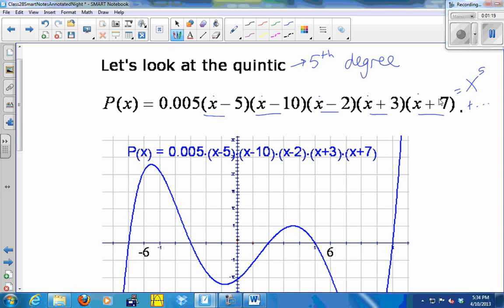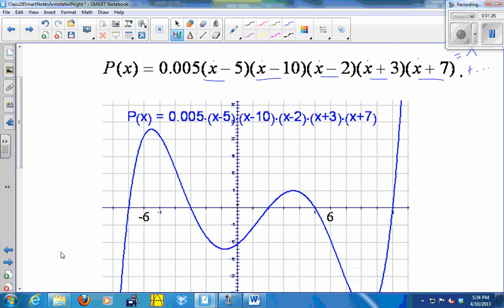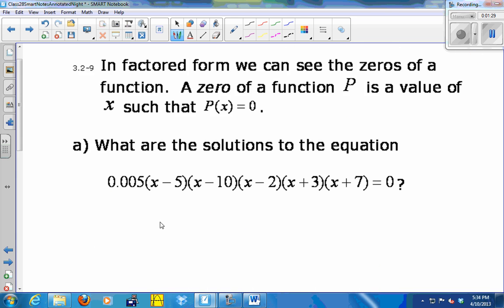And when you write it out in factored form like that, it makes it really handy to answer certain kinds of questions. Like, what are the solutions to this equation? If I take that polynomial and set it equal to 0 and try to solve for x, when it's all factored like that, how would I go about solving it? Yep. So you would set each factor to 0. I'm multiplying a bunch of things together, and the answer is 0.